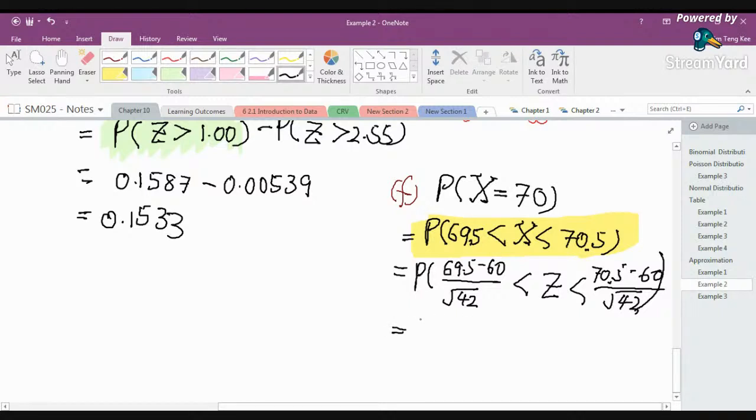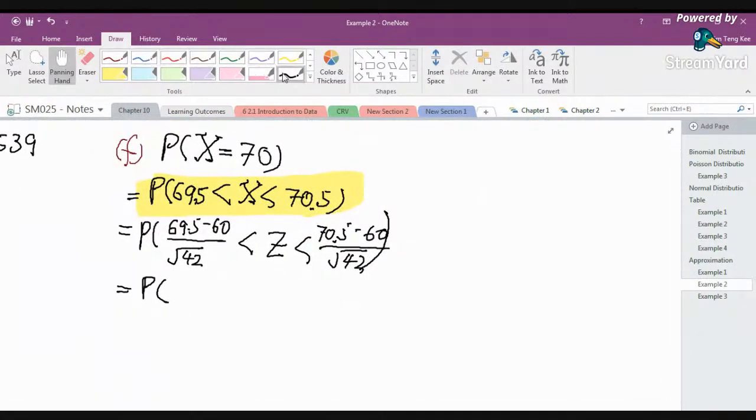Simplify your result, and you may find that you have 1.47 less than Z less than 1.62.